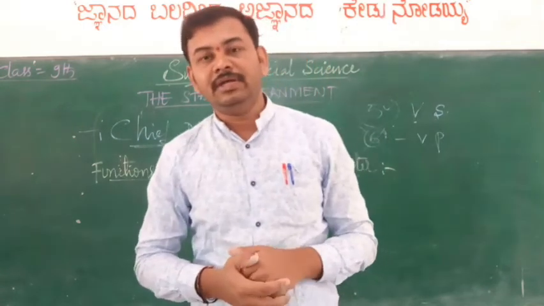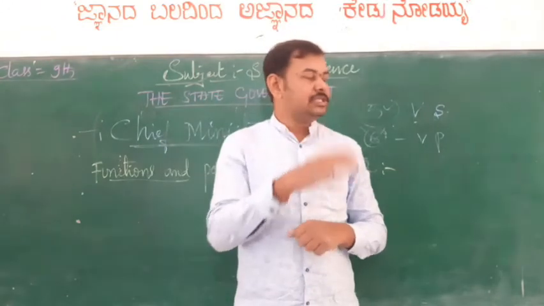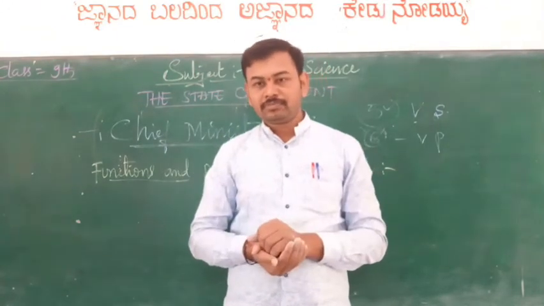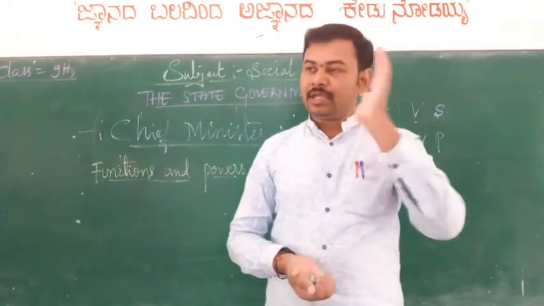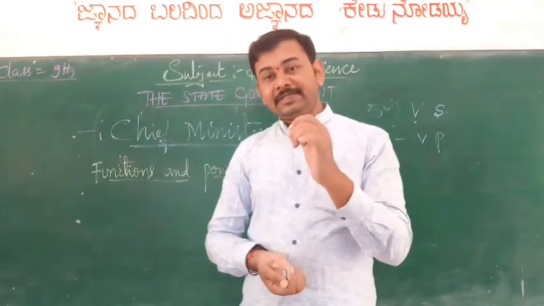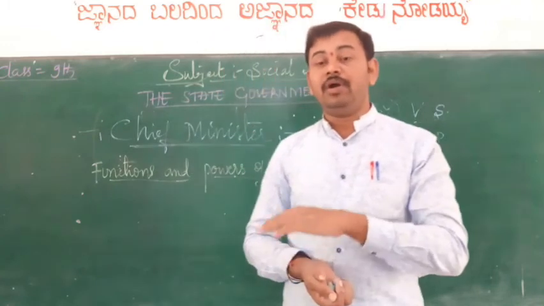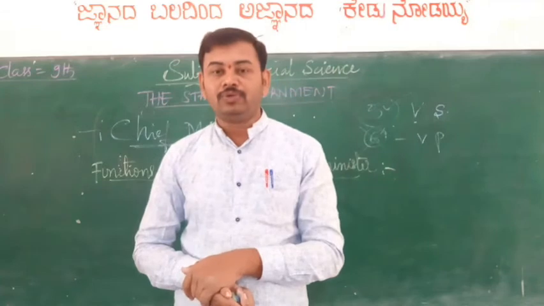So chief ministers will always play the very decisive role in the administration of the whole state. He acts as the link between the governor and council of ministers. Got it? And then he acts as an advisor to the governor with regard to nomination to many posts.